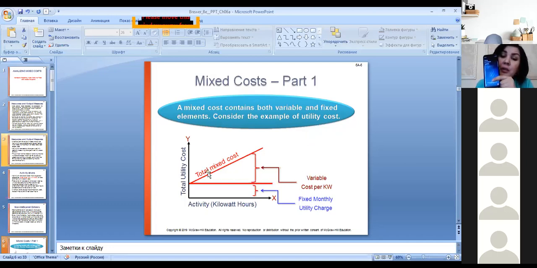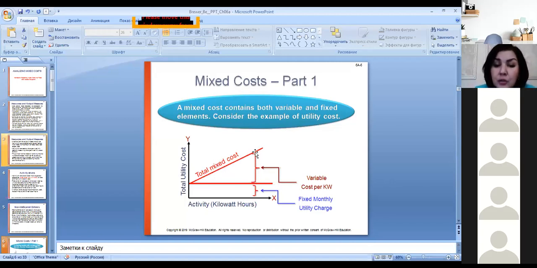This part, extra minutes, will incur extra costs. And this part will be the variable part, which depends on the number of extra minutes you are using. So simply remember that mixed cost has a fixed element and a variable element.